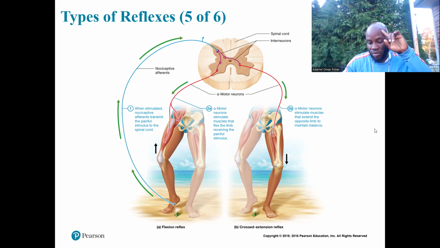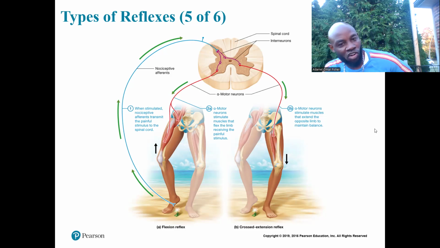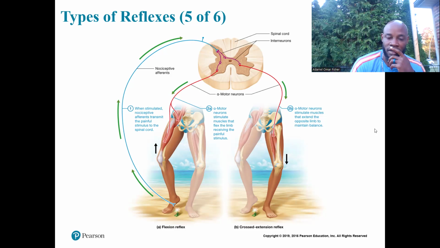My body is taking pressure off one leg and at the same time putting pressure on the other leg, simply because of the pain. So in response to the pain, the reflex arc naturally changes the distribution of weight in my body.